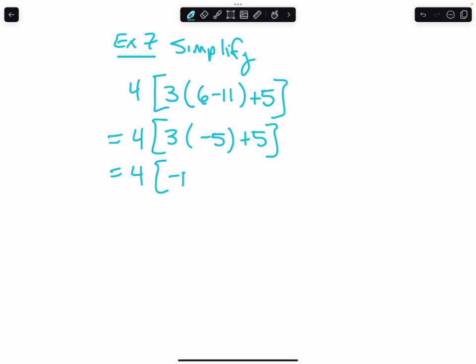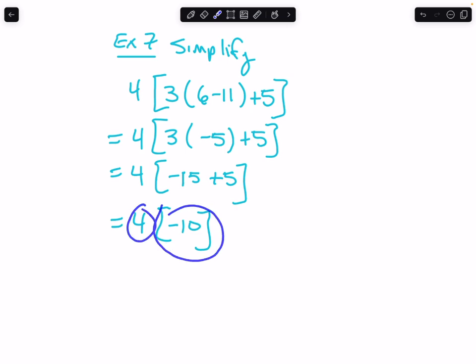Rewrite that. Plus 5. Now the only operation we have inside grouping symbols is -15 plus 5, which is -10. And all we have left now, we have no operations inside the grouping symbols, so we can now do the multiplication. 4 times -10, which leaves us with a final answer of -40.